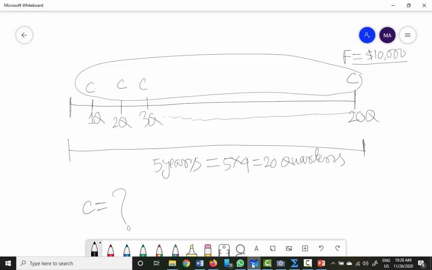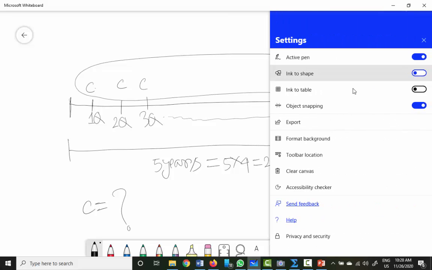Right. So let's check the time diagram. Today is period 0.